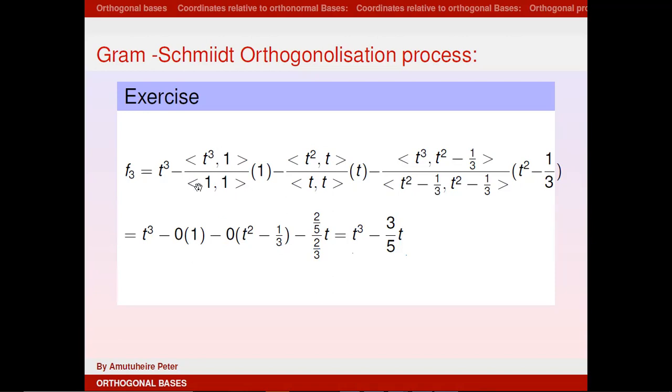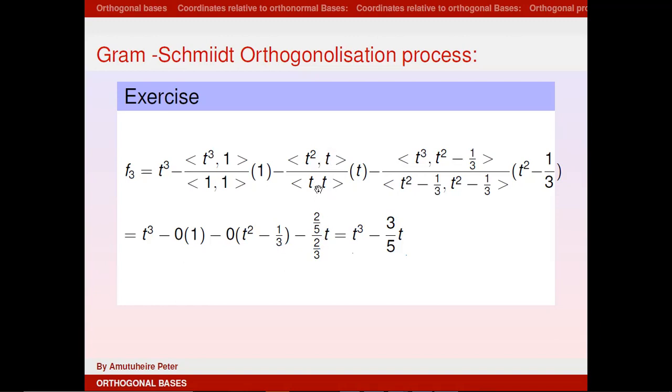Of course, once this is 0, we don't mind about what we get here. So this is the integral of T to the power 4, which is T to the power 5 over 5, and that one gives us 2 over 5. Then when we integrate here, it is the integral of T squared, which I think gives us negative 2 over 5.